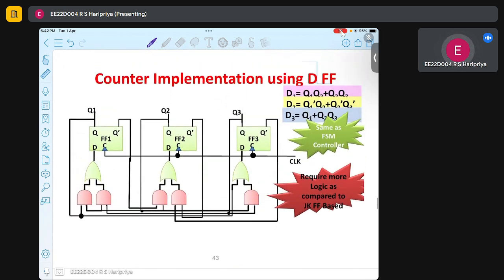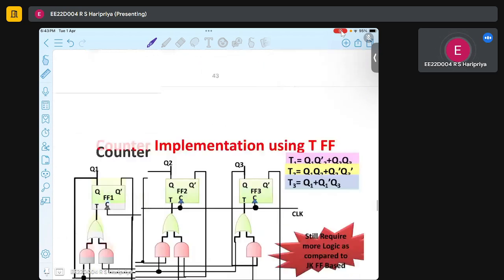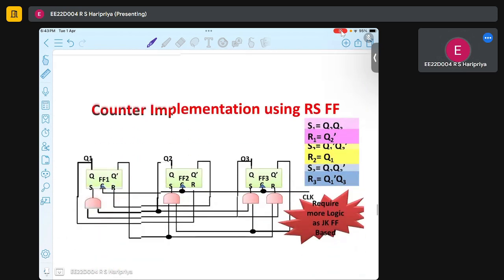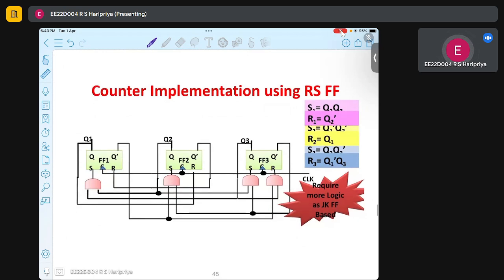Next, we have seen that the D flip flop requires more logic compared to the JK flip flop, and the same as the FSM controller. And the T flip flop still requires more logic compared to the JK flip flop, and RS requires more logic as compared to the JK flip flop.